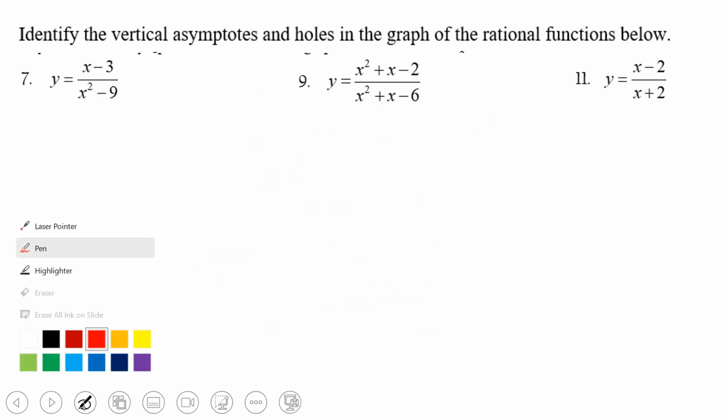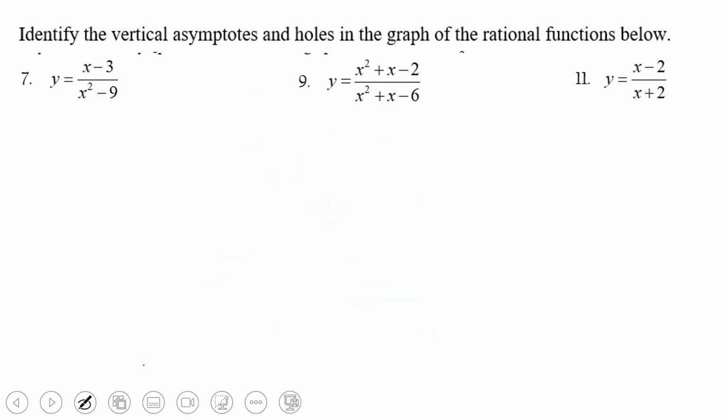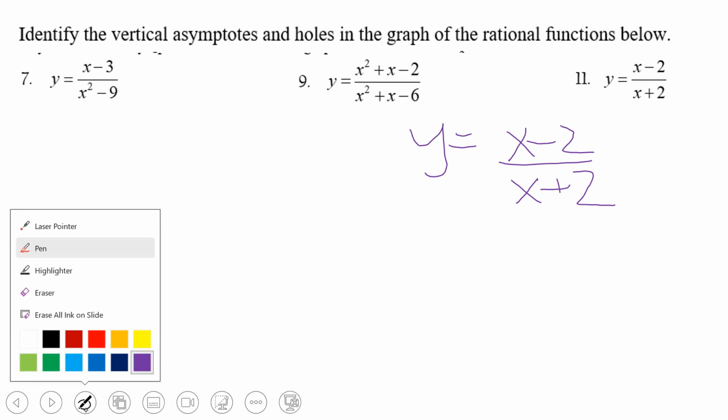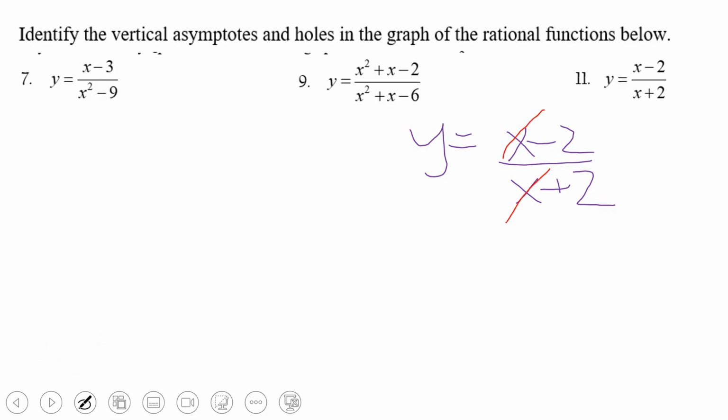Moving on to our last example, let's look at number 11. What I commonly see for number 11 is that students are very eager to reduce or simplify the rational function. And so what they often do is they want to cancel out the x's. Remember, we cannot simplify unless something is written as linear products.